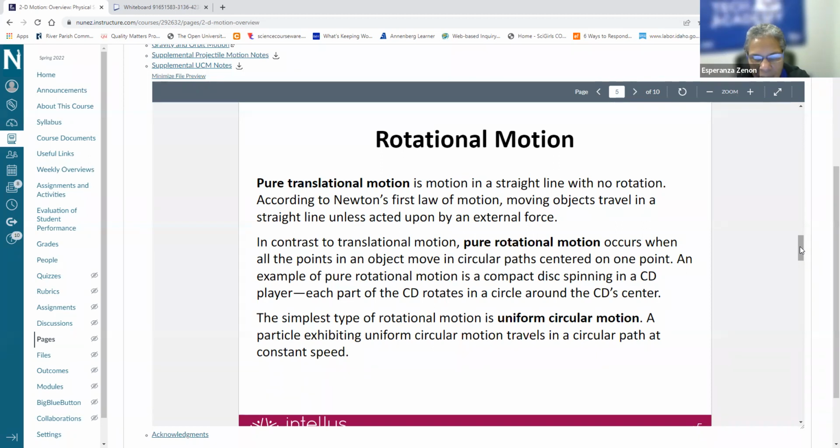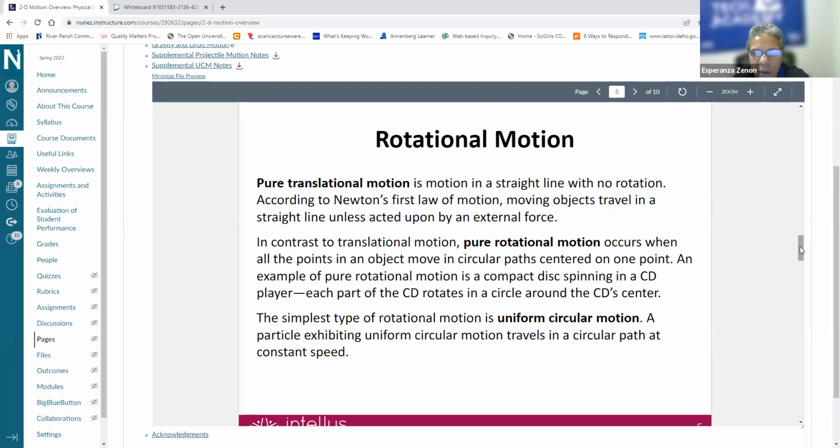They mentioned something about Newton's first law there. Ignore that, that's not relevant for us. We're going to approach this rotational motion from a simple, kinematics perspective. We don't care about force at this point. So Newton's laws is not something we're going to focus on.